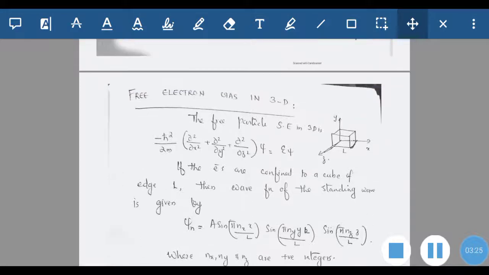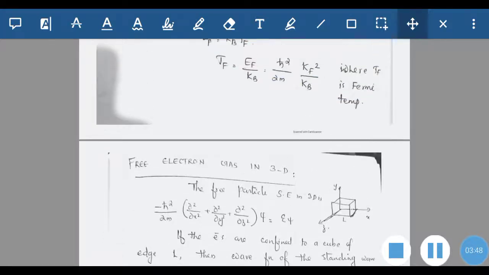Next we can discuss the case of free electron gas in 3 dimensions. In 3 dimensions, the free particle Schrodinger equation is minus ħ²/2m into (∂²/∂x² plus ∂²/∂y² plus ∂²/∂z²) of ψ is equal to Eψ. That is Hψ is equal to Eψ.